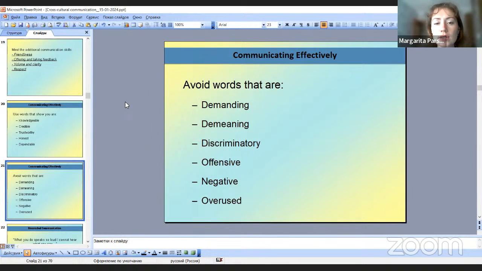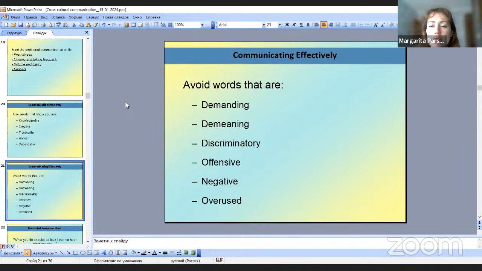Of course, it's better to avoid words that can be demanding, because it's a bad emotional expression.